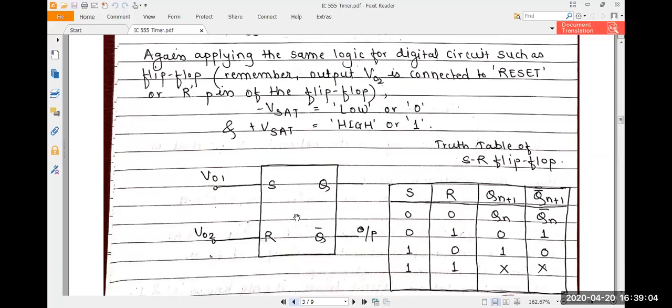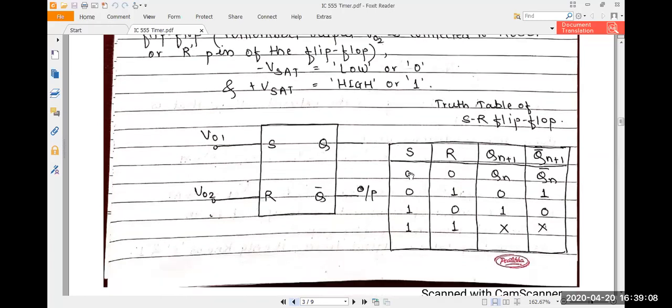Okay, now you know from digital electronics what is the truth table of the SR flip-flop. We are only concerned with 0, 1 and 1, 0, but this is the truth table of the SR flip-flop, where Qn plus 1 is the next state and Q bar n plus 1 is the next state of Q bar. Remember, the output of our 555 timer IC is at Q bar.